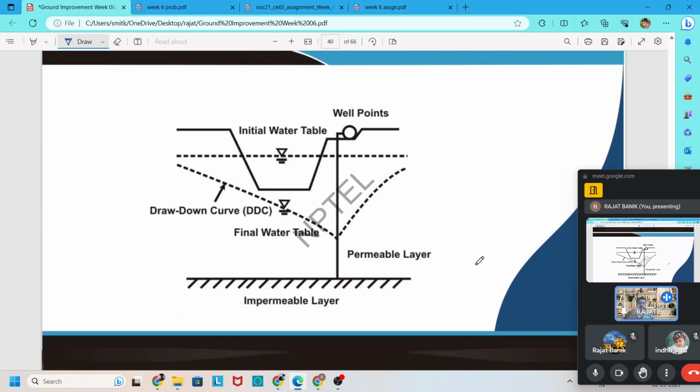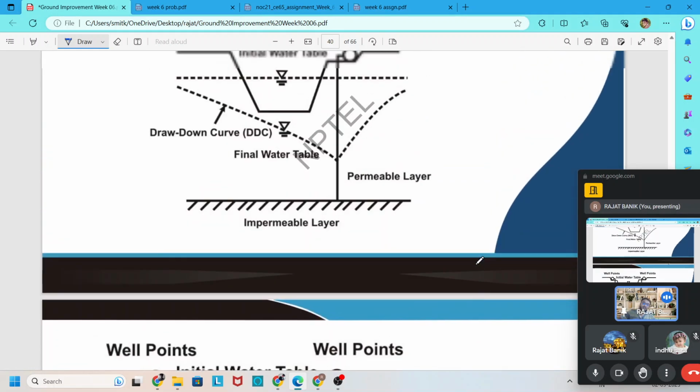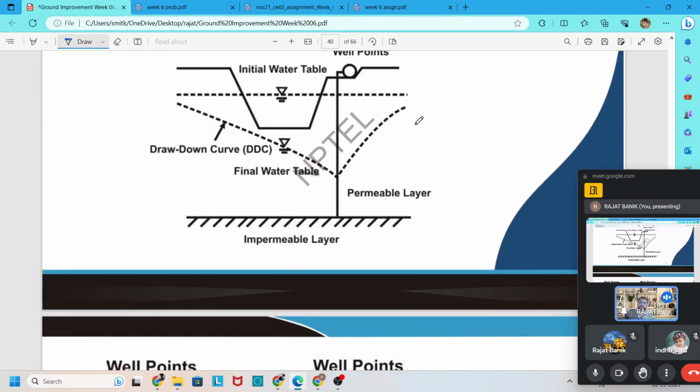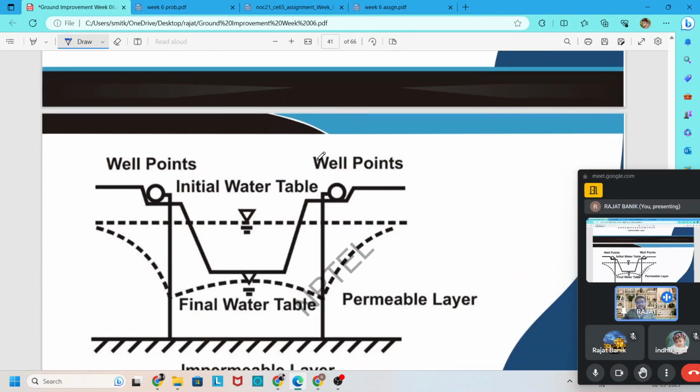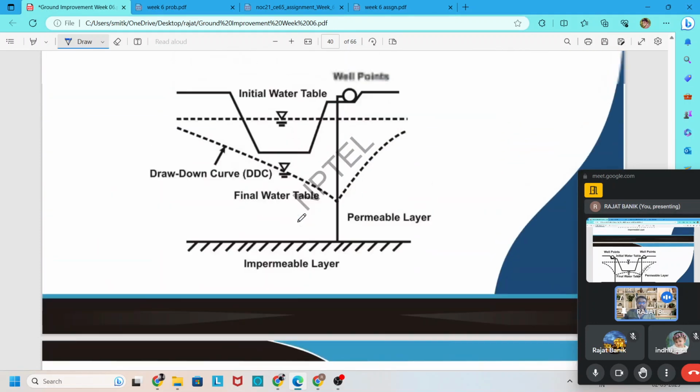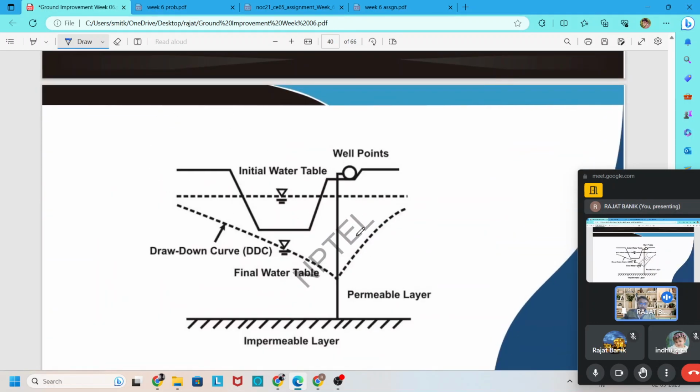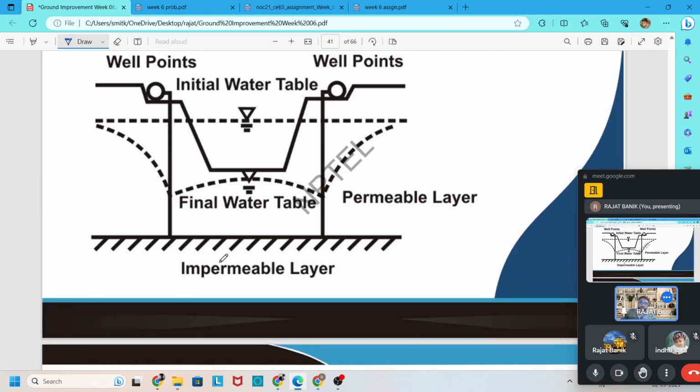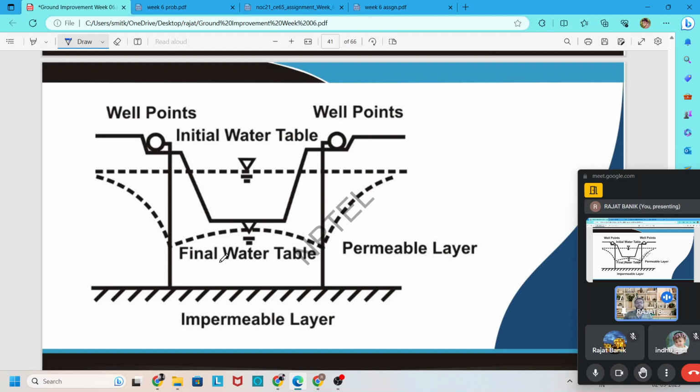Now there are two arrangements here for well points. One is single stage, another one is double stage, on both sides. In single stage, if we apply it, the drawdown curve should be like that. And for double, if we apply the well points on both sides, the drawdown curve is like that.